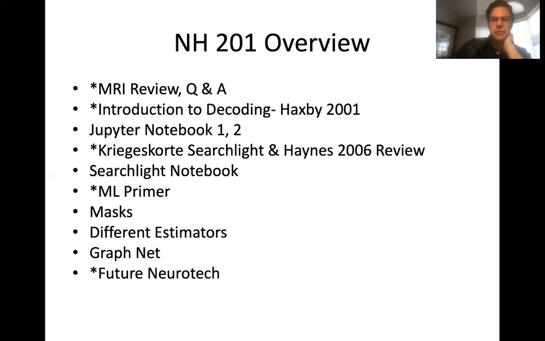And then I'm going to talk about this idea of decoding. Decoding was one of the first machine learning perspectives on fMRI data. And James Haxby, who's up at Dartmouth, is the one who came up with this, and it's a pretty cool idea.